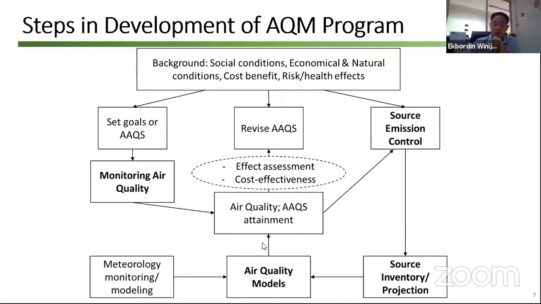And then you compare this concentration with the ambient air quality standard: when you reduce the emission from specific sources and put it into the model, what will be the new concentration, and whether the new concentration is lower than the ambient air quality standard or not. So this is the general step that we use with different tools in air quality management, and we will talk about the tools in the next slide. The ones that I highlight here are monitoring, source emission, and also model. These are the tools that are usually used in air quality management.